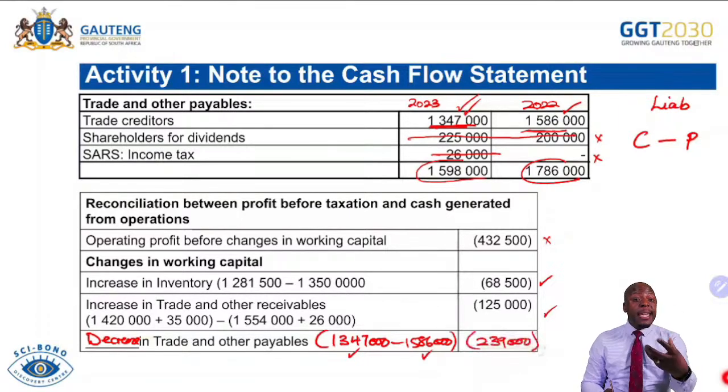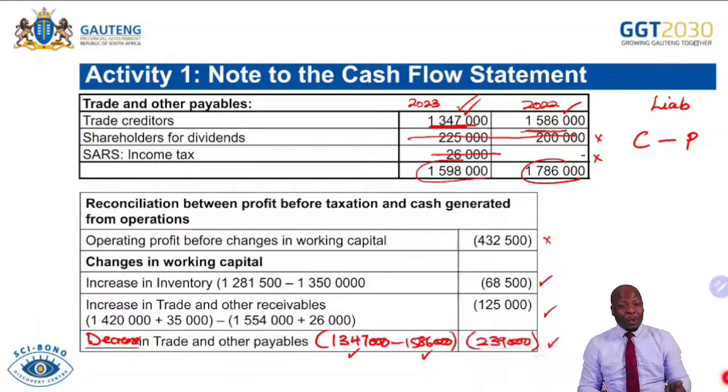It means I'm paying them. If I'm paying them, what is happening to my cash? My cash is going out. It's a cash outflow. So a decrease in trade and other payables is a cash outflow. Hence you see it in brackets over here. But if it was an increase, then it would be the opposite. It would have been a cash inflow. An increase in trade and other payables would have been a cash inflow.